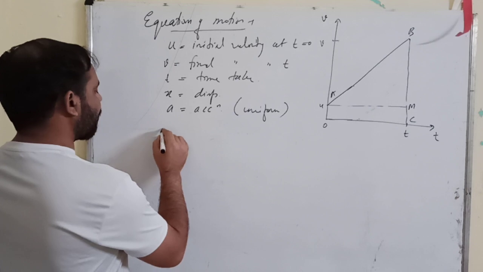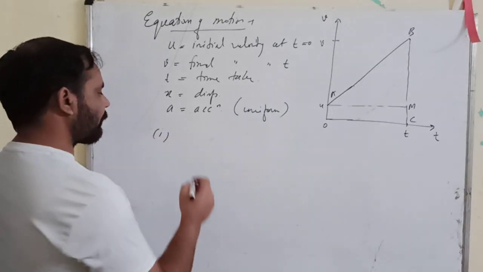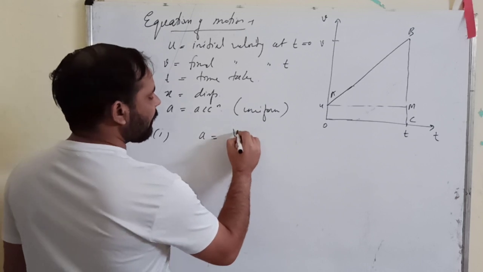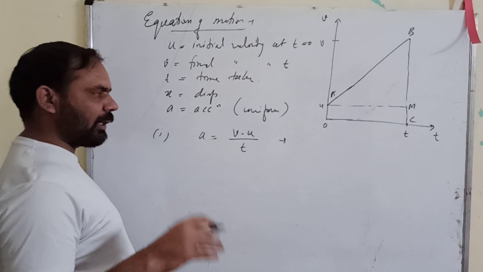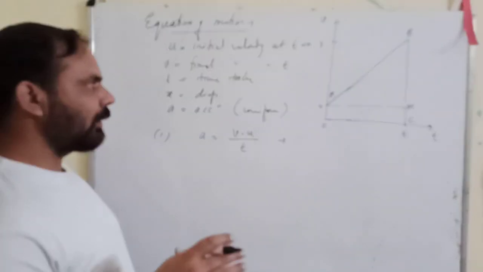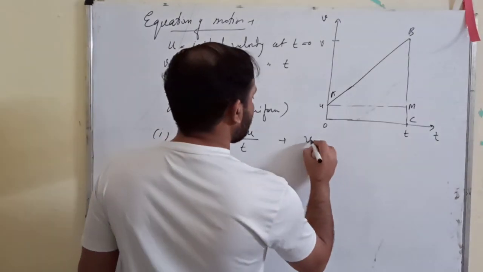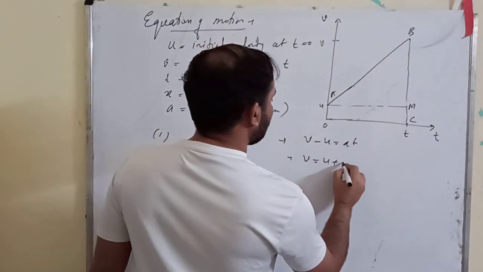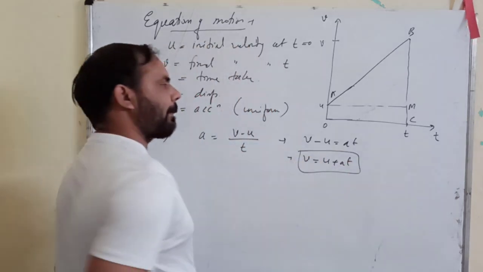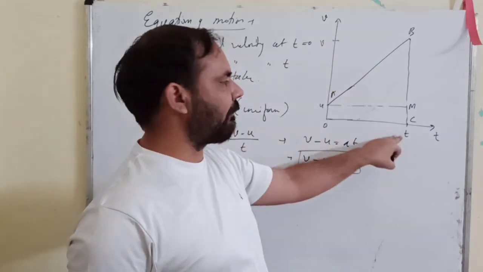Okay, so first is how you will get the acceleration. Acceleration is change in velocity upon time. So you can say that v minus u equals at, or v is equal to u plus at. Acceleration means how much is the change in a given time.